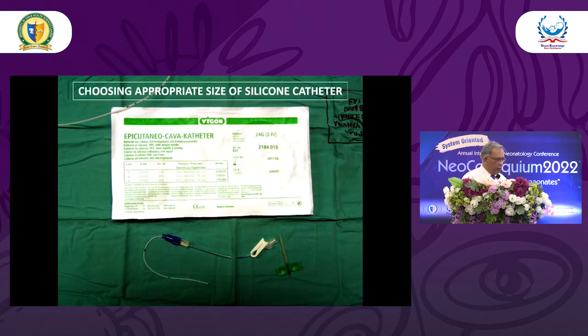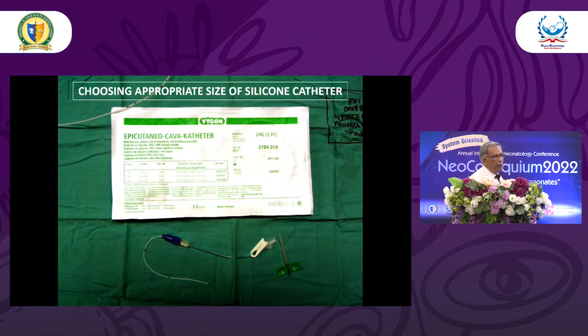How to choose an appropriate size of silicone catheter? If you see, there is a number given here. It is 24G 2FR size, and this is the number 015. And this is 15 centimeter in length.